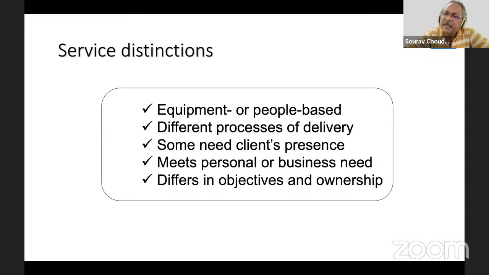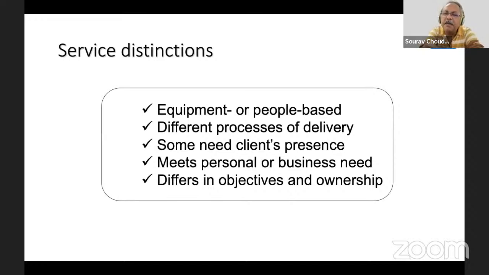A mechanic in a garage needs a client's presence there, possibly sometimes. Okay. The cab service needs the client's presence there. And many other times, the client does not need to be present. Your water service does not need you to be present there. Your electricity service doesn't need you to be present. Your gas service doesn't need you to be present there.